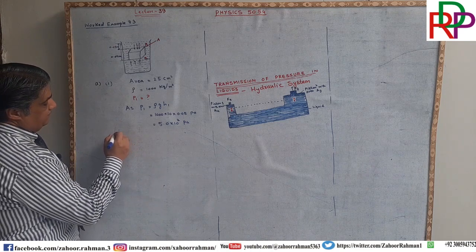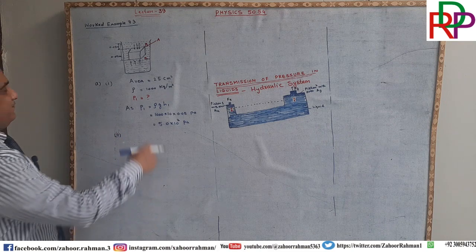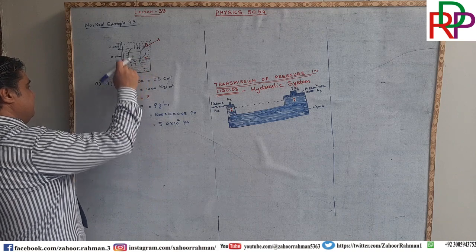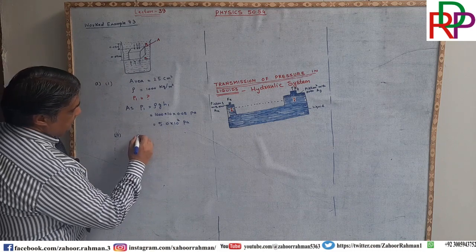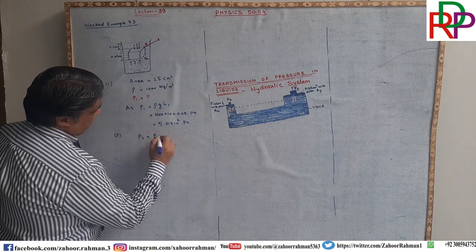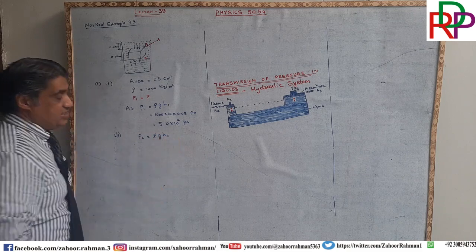Similarly, in the second part, they are asking us to find the pressure P2 at the bottom surface. So, ladies and gentlemen, here we will find P2, rho is constant, g is constant, and h is a variable.